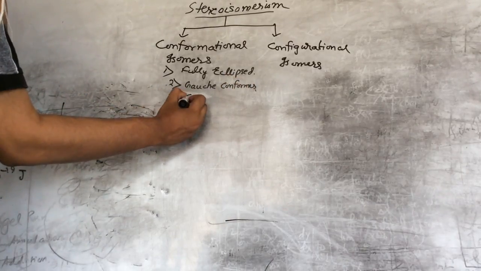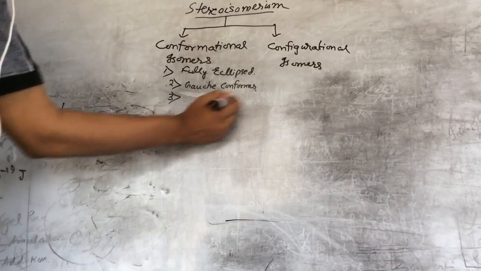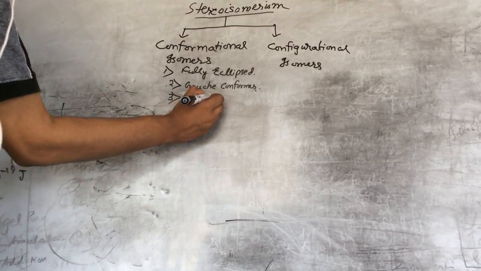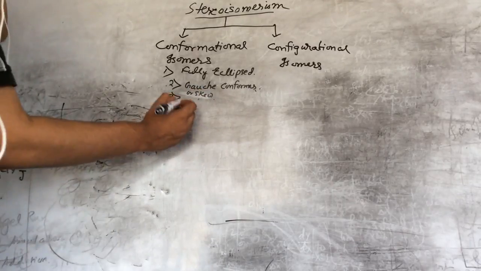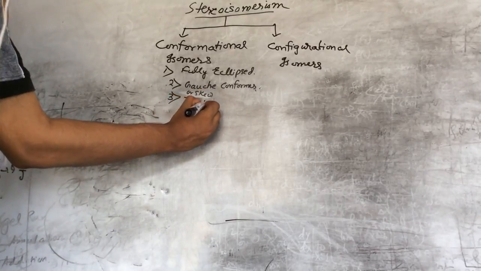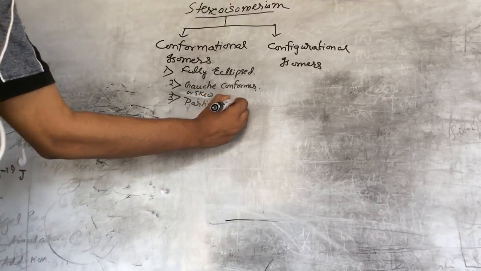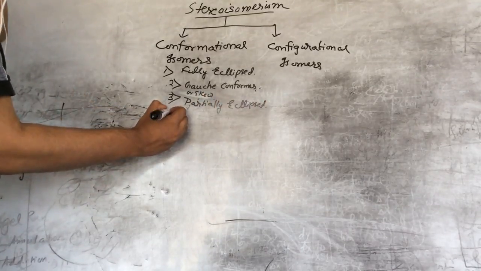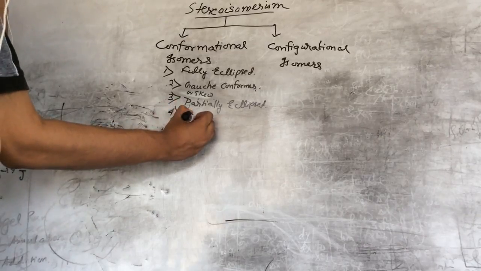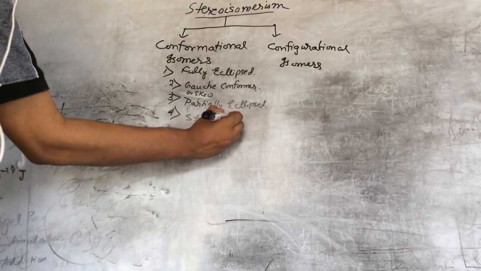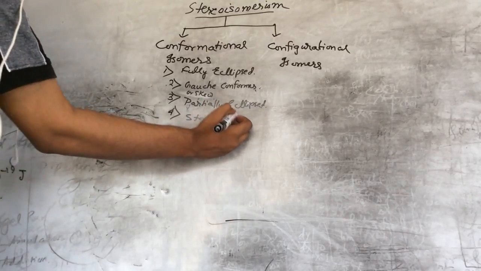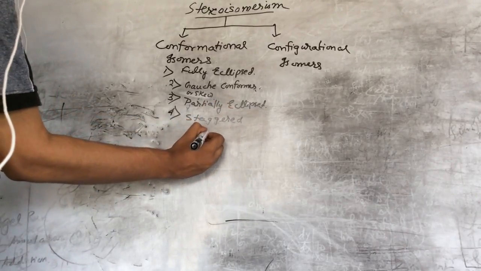The skew, gauche or skewed you can say. Then there is the partially eclipsed, and the staggered conformers.